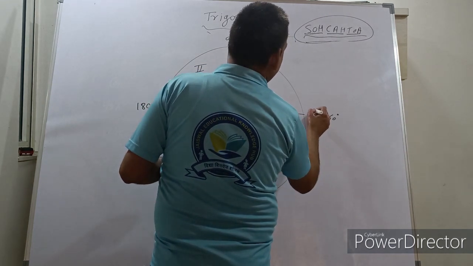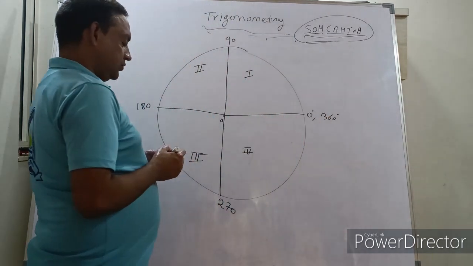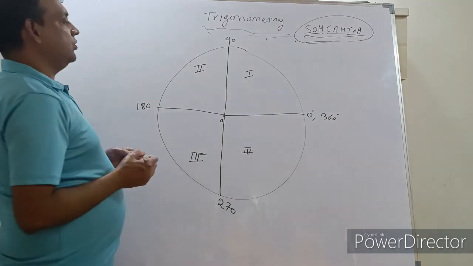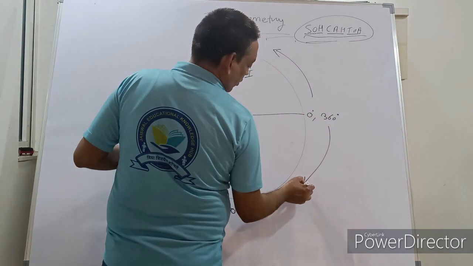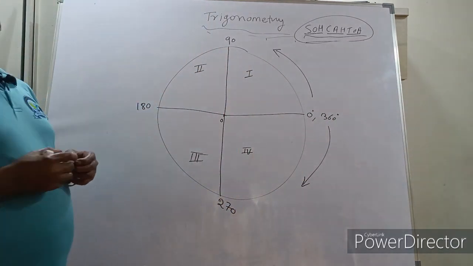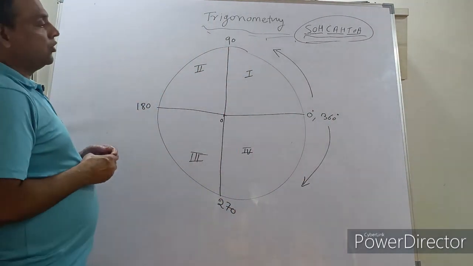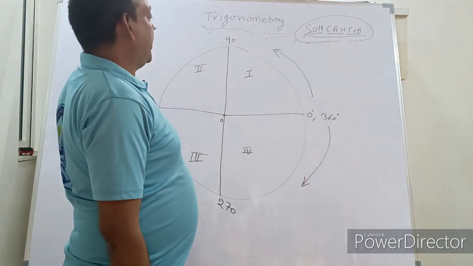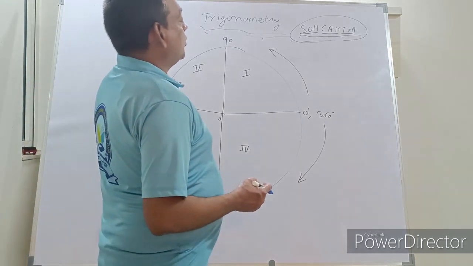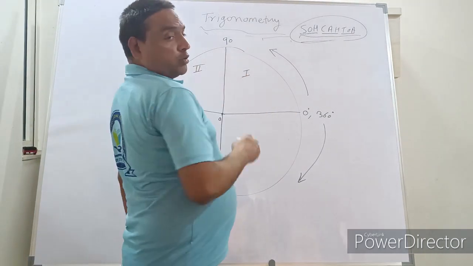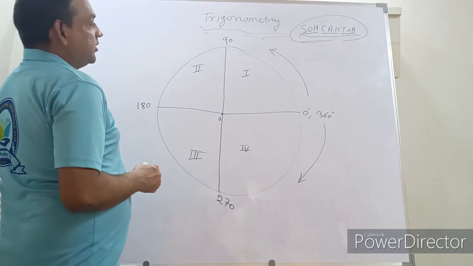Now we can go anti-clockwise or we can go clockwise. If you go anti-clockwise it will be a positive angle, and if you go in the clockwise direction it will be a negative angle.